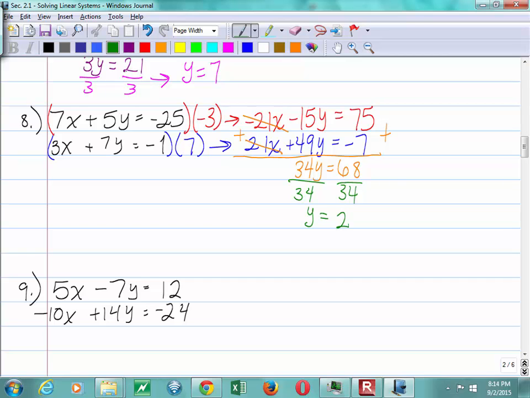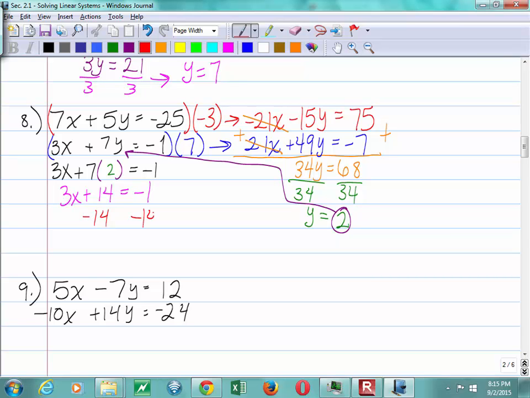Now that I know y equals 2, I can just take the 2, I can plug it in place of the y in either of these equations. I'm going to use the second one. So that makes it 3x plus 7 times 2 equals negative 1. So that would be 3x plus 14 equals negative 1.